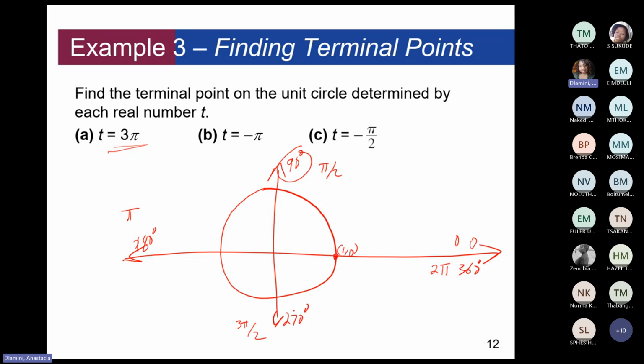This point here is 0 and 1. This point here is negative 1 and 0. And this point here is 0 and negative 1. Every time you move, you start here. This is where you start. Do you see that?